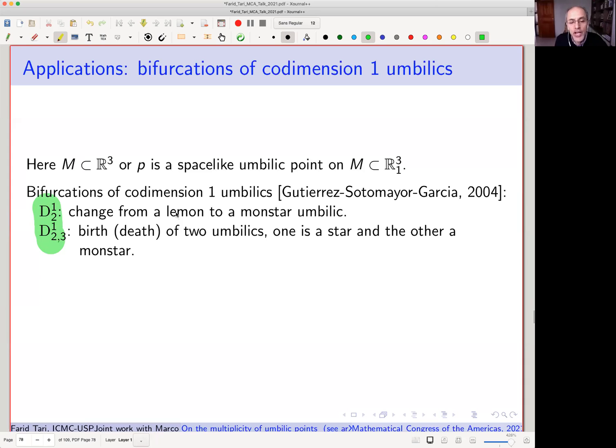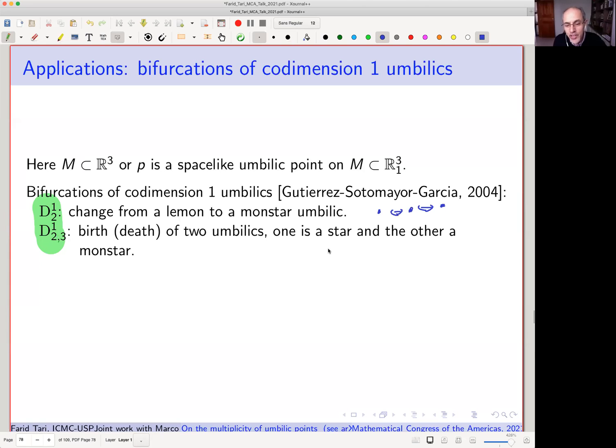In D12, you have a change from a lemon to a monster. So basically, there is no creation of umbilics here. You just have a change from one to another. So in the deformed surface, you just have one umbilic which changes type. So the number of umbilics here should not change.